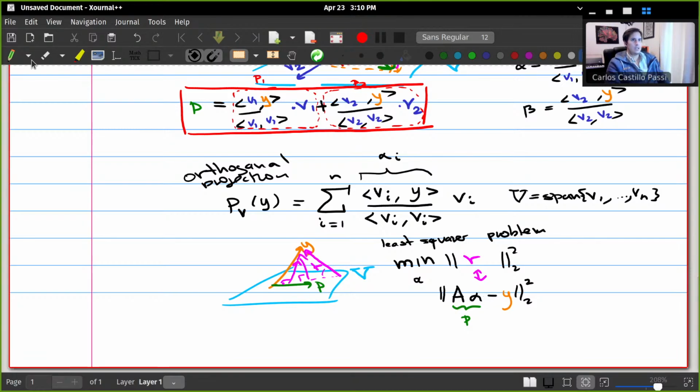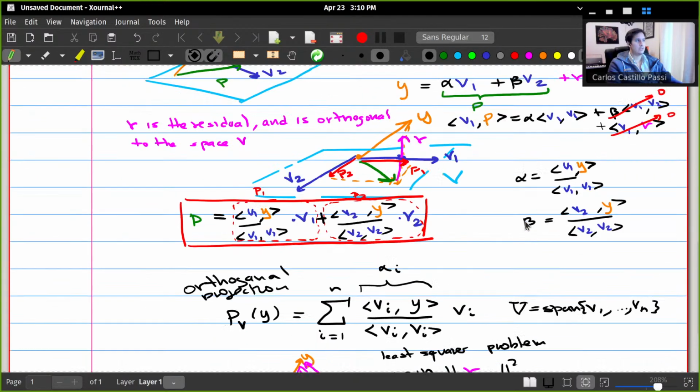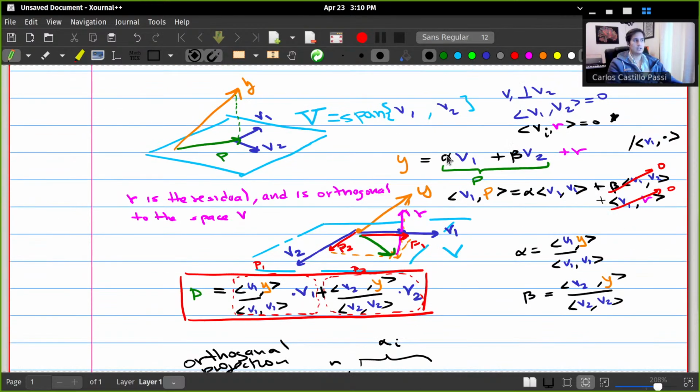And this matrix A, just to be 100% clear, is a matrix that has as columns the vectors v1 until vn. So after multiplying the matrix by a vector of coefficients alpha, you'll have exactly this: alpha 1 times v1 plus alpha 2 times v2, and so on.